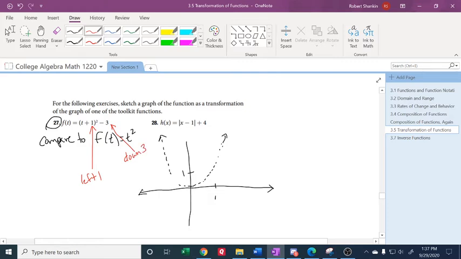So if we take the vertex and go left 1, down 3, it's the same shape, a parabola. It's like this. So it went left 1, down 3.